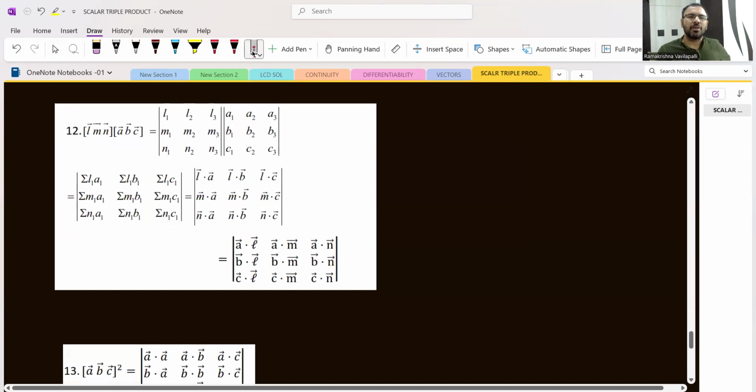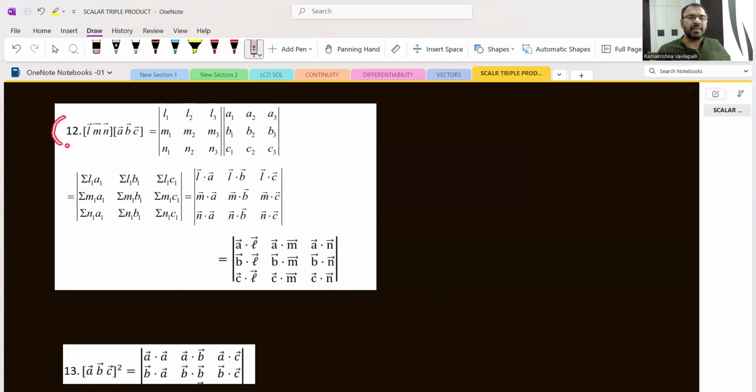And here is one more important property: box of L, M, N into box of A bar, B bar, C bar. Box of LMN is nothing but a determinant, and box of ABC is nothing but a determinant of the vectors. Here I have not specified what L is.